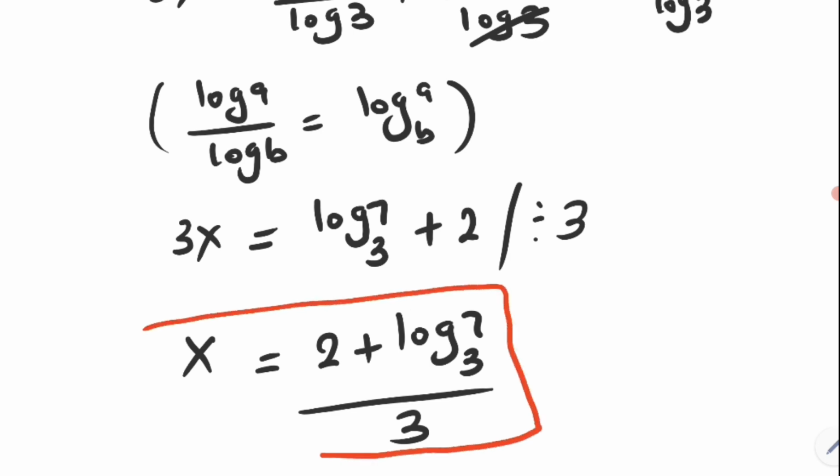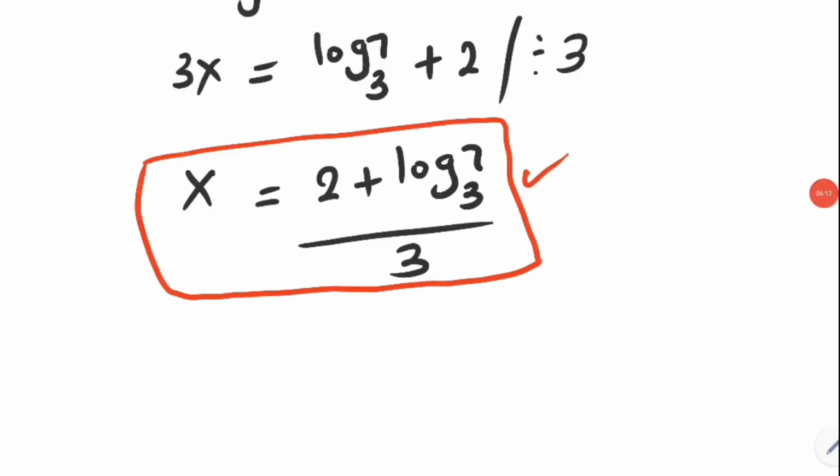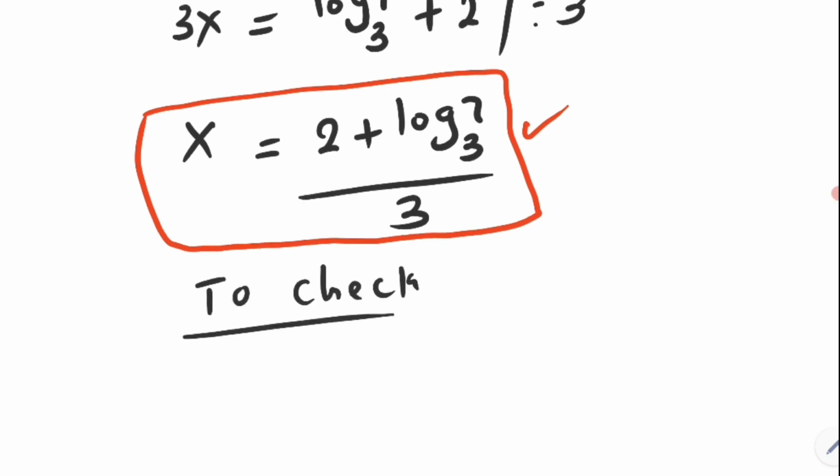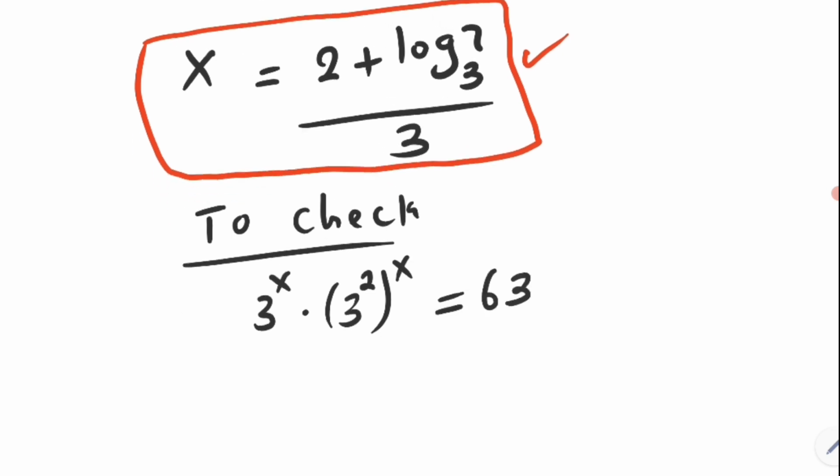We may check to confirm if this answer is right or wrong. Let's check. To check, we have the given equation 3 raised to power x multiplied by 3 raised to power 2 to the power of x is equal to 63. And this is same thing as 3 raised to power 3x is equal to 63.